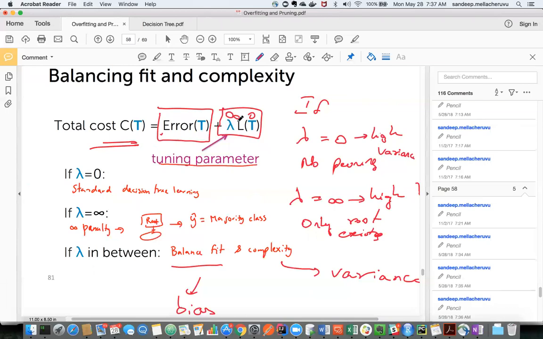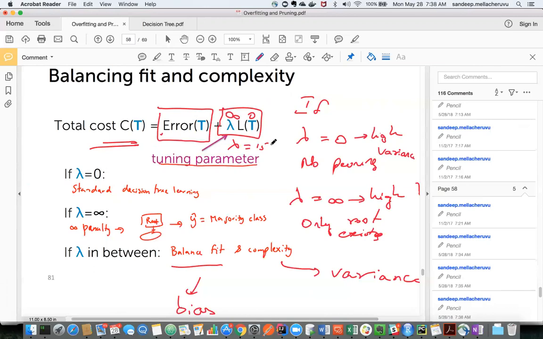It's not low, bias is not low, variance is not low. Let's say lambda equal to 10 or 15 or something like that. At some point of lambda, neither variance is too high nor bias is too high, which means you are going to get a moderate variance and moderate bias. You are going to get a variance bias trade-off.